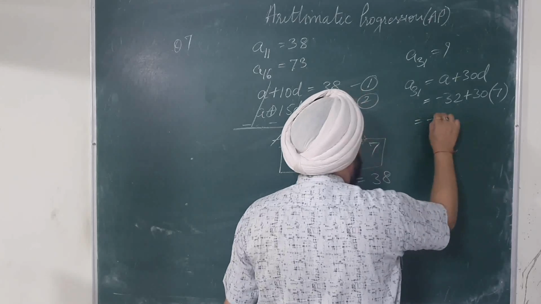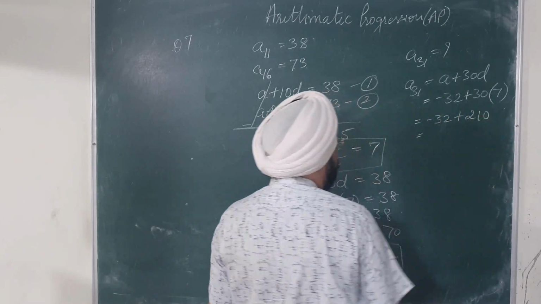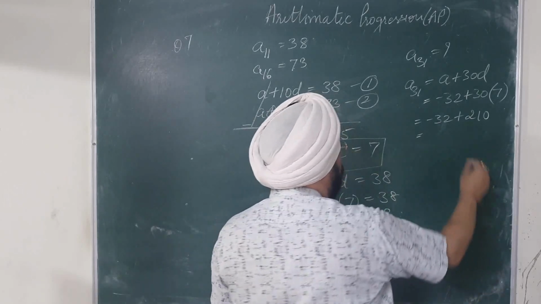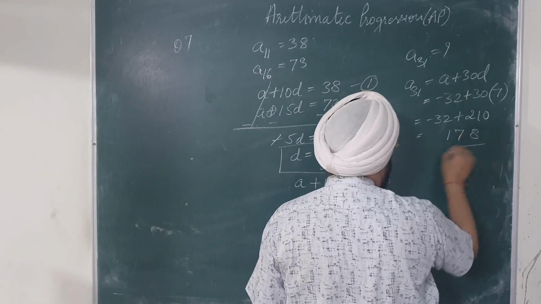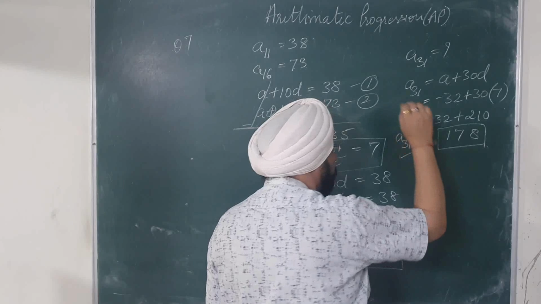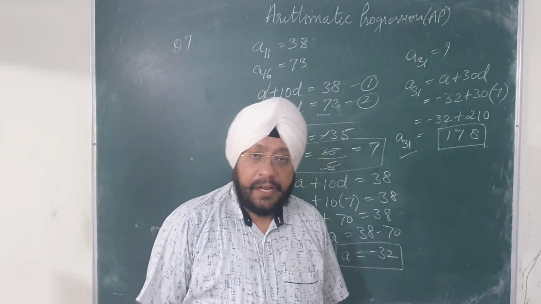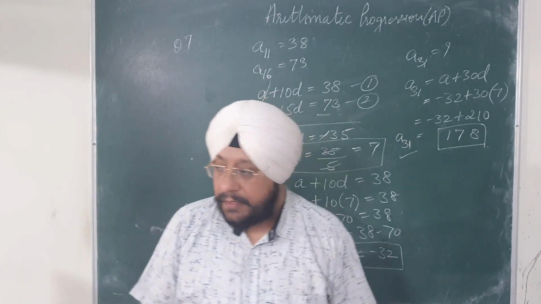So this is minus 32 plus 210. When we subtract, we get 178. So this is the 31st term of the AP. Clear, buddy? So let's come to the next one, that is question number 8.